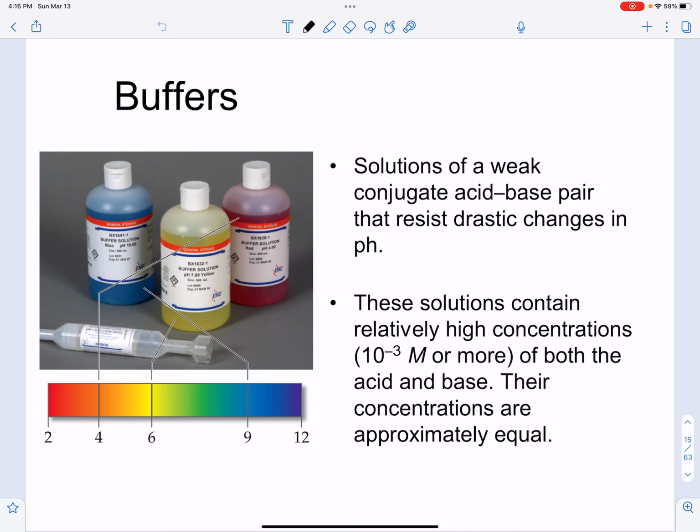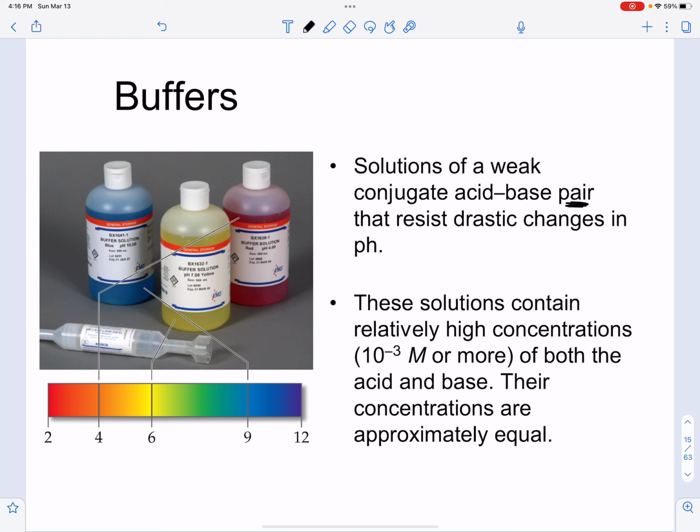What is a buffer? A buffer is something that is going to prevent something. It's going to diminish something. That's the basic definition of buffer in the English language. In chemistry, when we talk about buffers, we're talking about something related with acids and bases and equilibrium systems. So usually a buffer is going to consist of a pair.